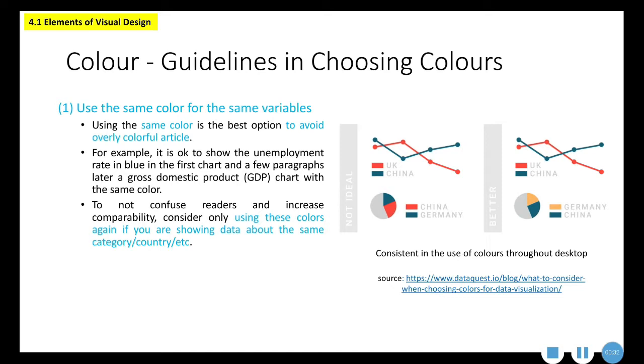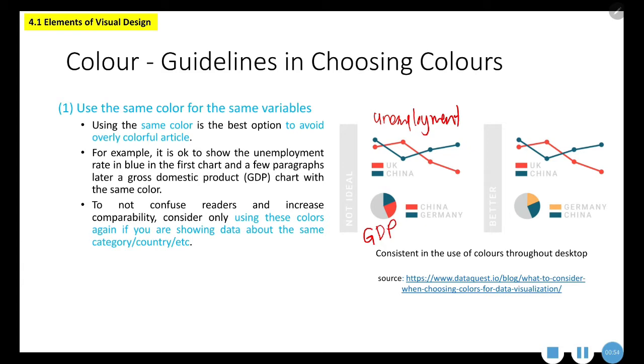For example, we have two charts here. The first one, the line chart, is to represent unemployment rate. And then the pie chart is to represent GDP.